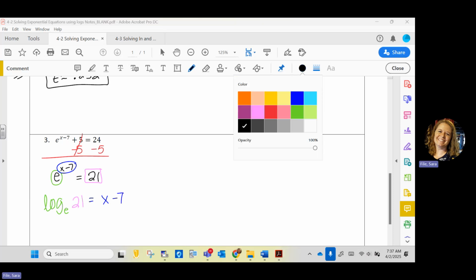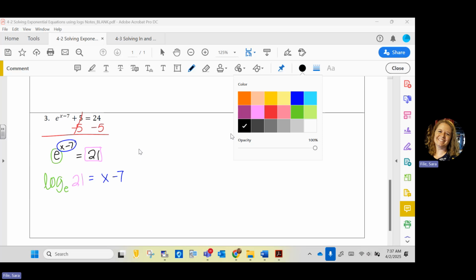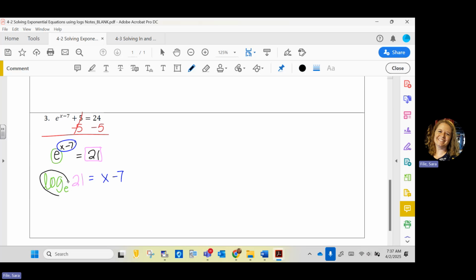So some of you, instead of writing that line, are going to be like, oh, log base e, I know what that is. That's ln. Natural log. So we've got natural log of 21 equals x minus 7, and then I would move the 7 by addition. Now, are you going to add 7 and 21?